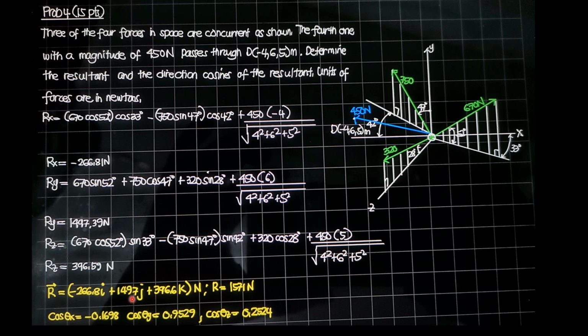Cosine theta y is 1497, or you may use the original value, 1497.39, over 1571, which gives 0.9529. Finally, cosine theta z is Rz, 396.59, over 1571, so 0.2524. So that's it for this video.